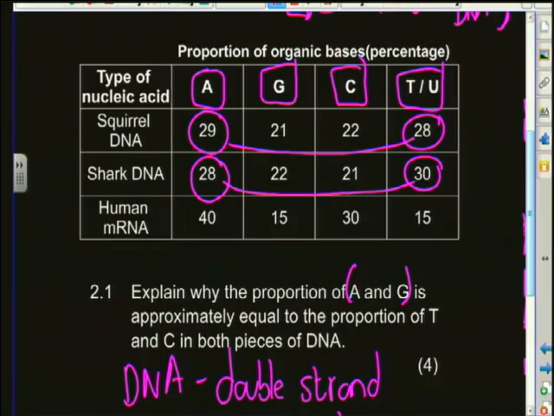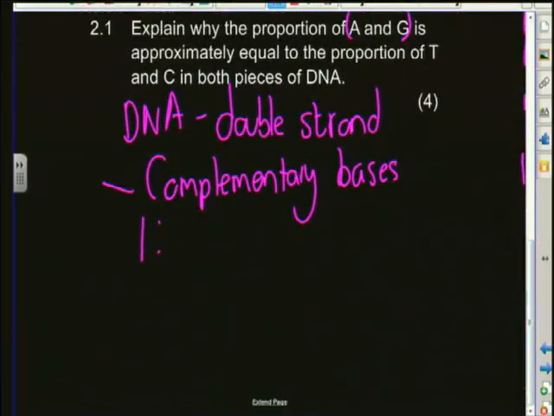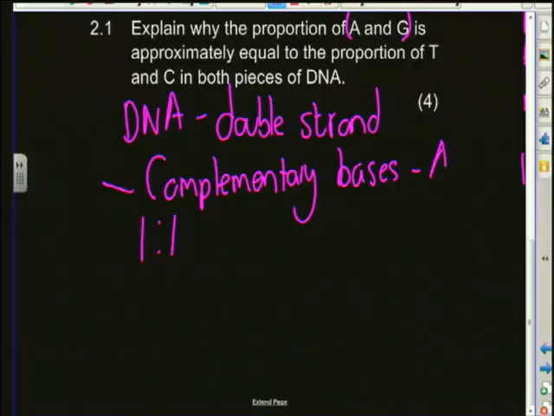So we're looking at a proportion of 1 to 1. In other words, there are as many A's as there are T's. There are as many C's as there are G's. So with the complementary bases, A and T and C and G, why is there the same number? Because they have to be the same number, since they need to join to each other.